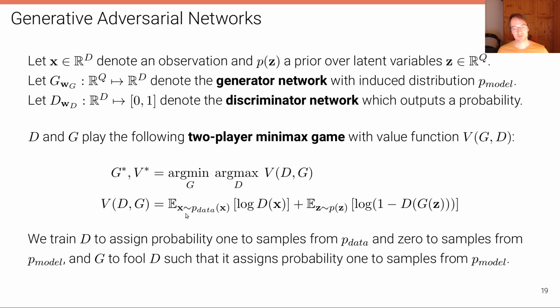It is the expectation over data samples from the data distribution of the logarithm of the discriminator, plus the expectation over samples from the prior over the latent space of the logarithm of 1 minus the discriminator of the generator of the latent code. We train D to assign probability 1 to samples from the data distribution and 0 to samples from the model distribution, and G to fool D such that it assigns probability 1 to samples from the model distribution.